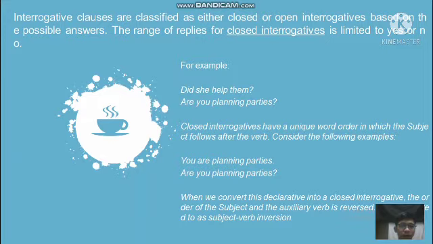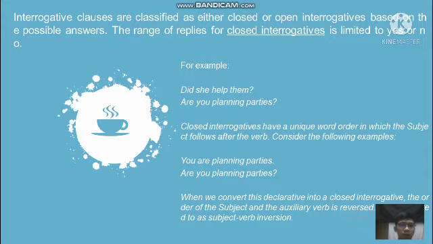The range of replies for closed interrogatives is limited to yes or no. Other responses such as I am not sure or I don't know are possible, but they don't actually address the question. For example, did she help them? Yes or no. Are you planning parties? Yes or no. So it is a closed interrogative.